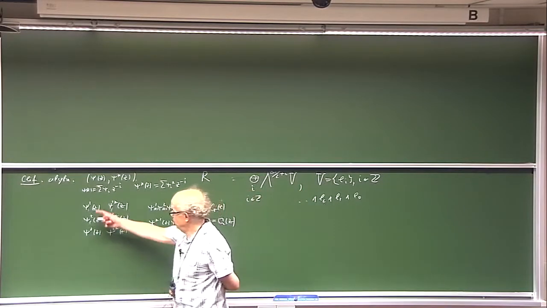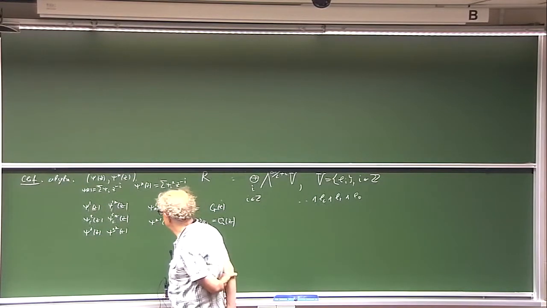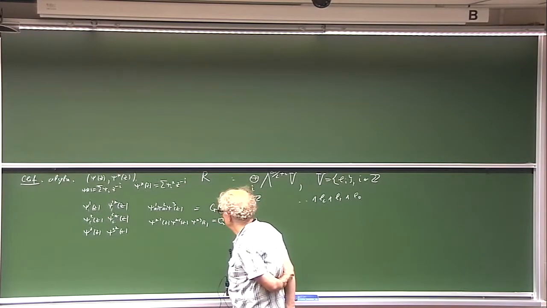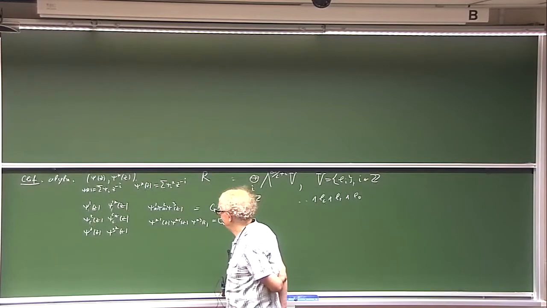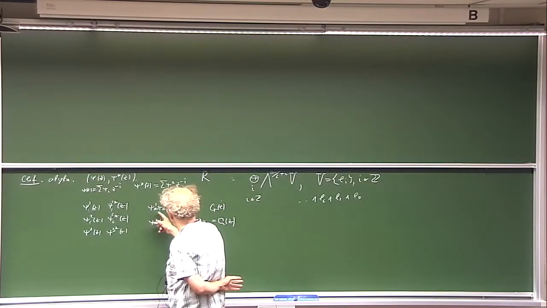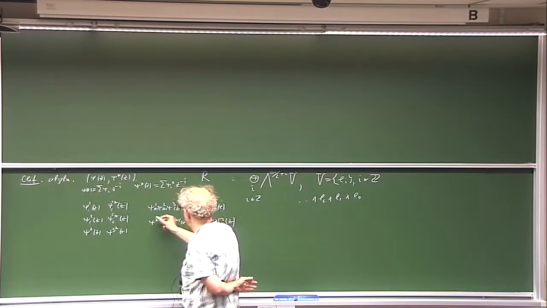We can take many copies and take products like this and form some version of G and Q. Then let us examine this example a little bit.